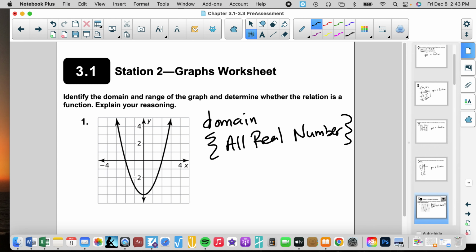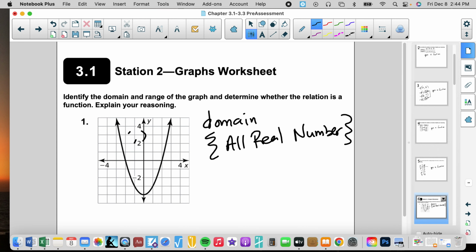So if I took all the points and wrote down the coordinates for every single point, and there are an infinite number of points, but if I wrote them all out and looked at the inputs, the x values, I would know that I used every single value for x.